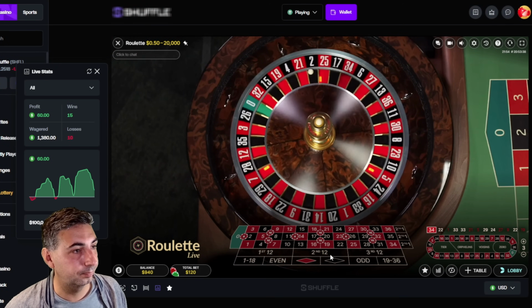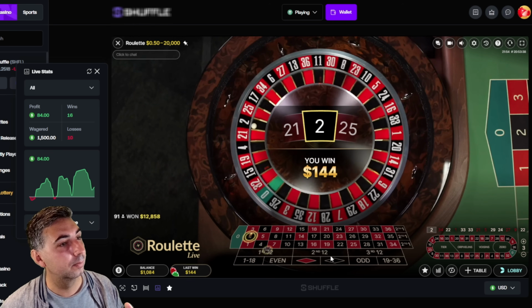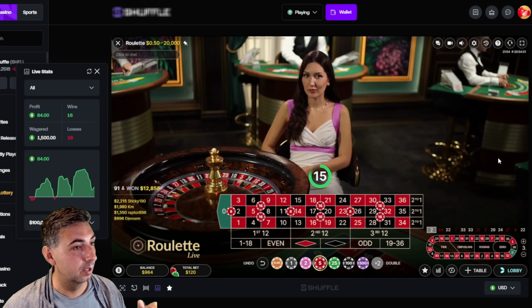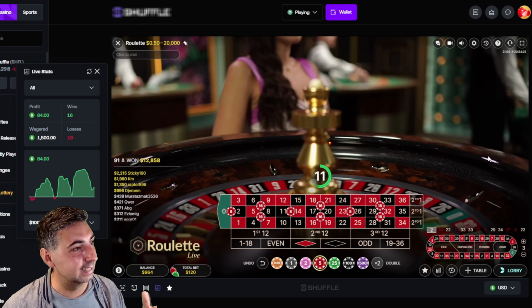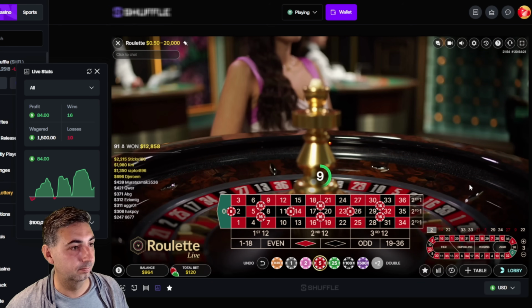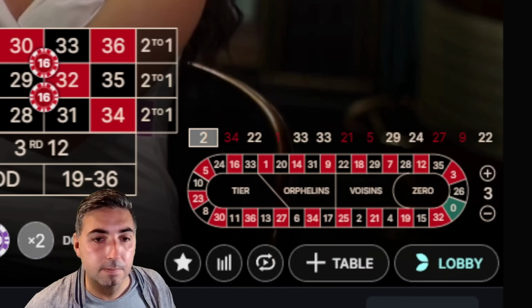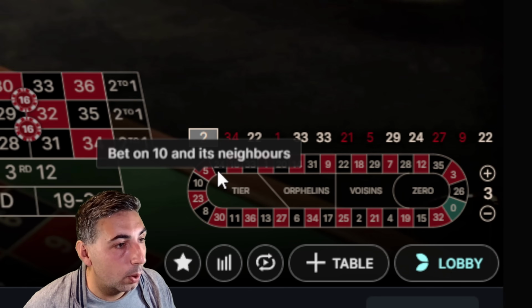Okay, 2 is a winner. So that's 1 win. And we just repeat the bet. That was a $24 profit. 2 more of them will drop down to $90. What else do we have in terms of whacks? Number 5, 10 is a whack, 24 is a whack.